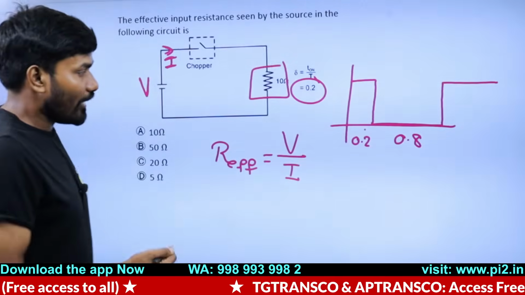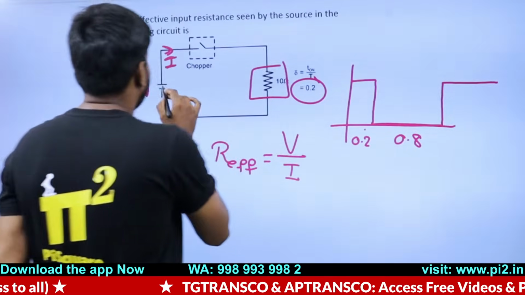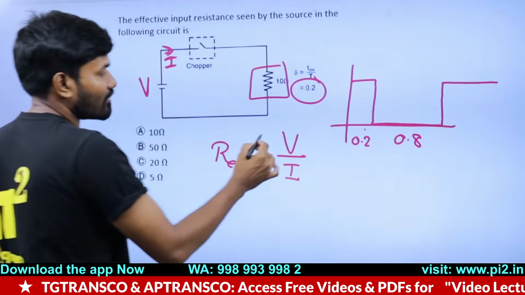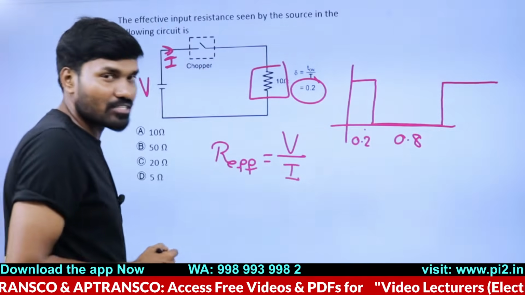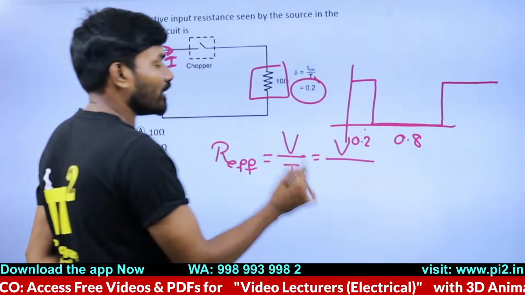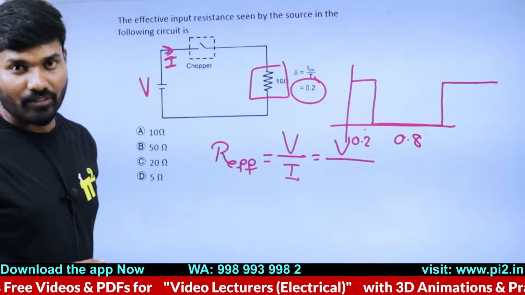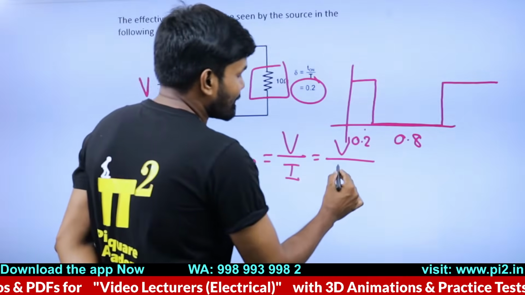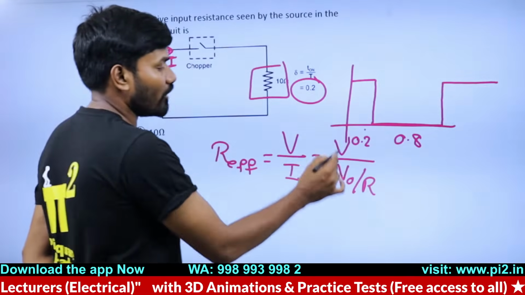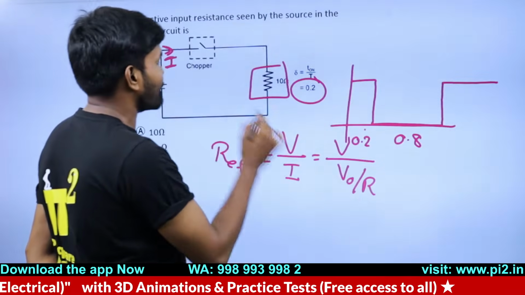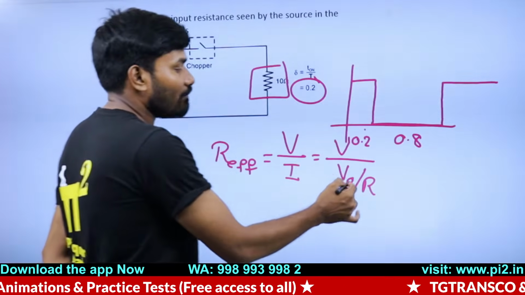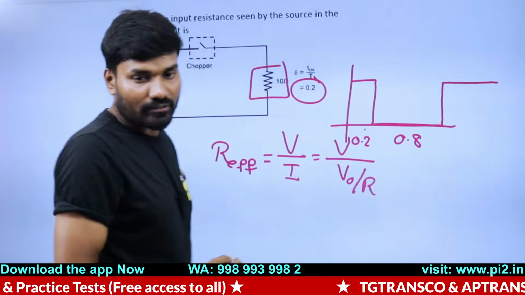The source voltage is fixed at Vs because I'm not controlling the voltage. But the current value I'm controlling. So I'm writing the current as V naught by R, where V naught is the average value of the output voltage.